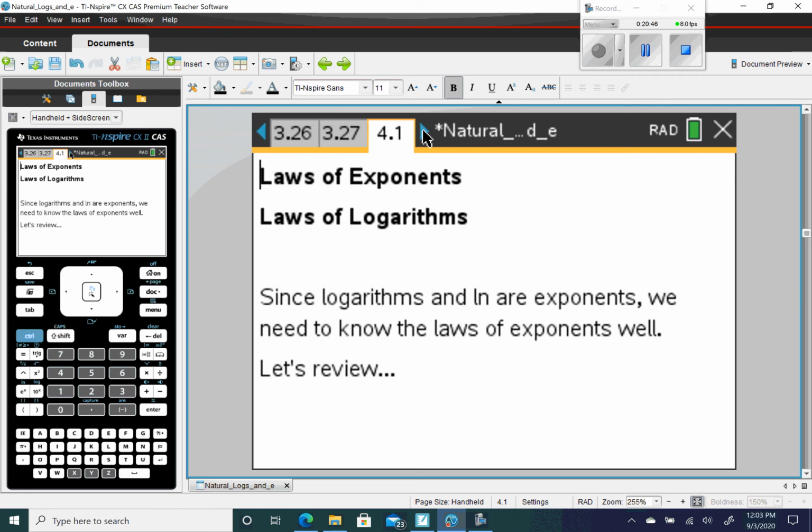All right, coming up next, we're going to briefly review laws of exponents, laws of logarithms.